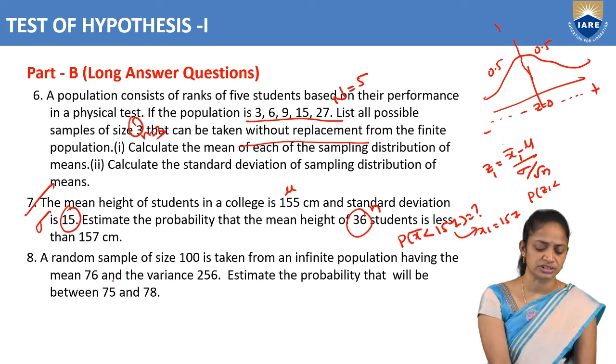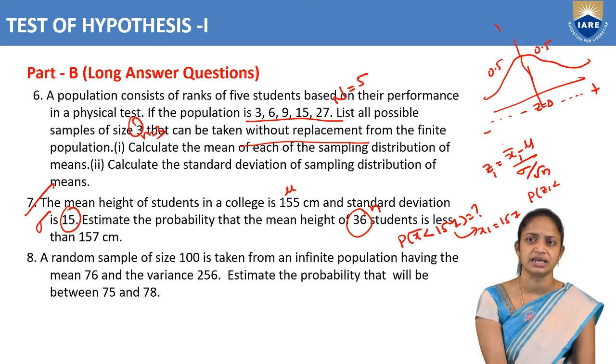In the seventh question, a random sample of size 100 is taken from an infinite population having the mean 76 and variance 256. Estimate the probability that the mean will be between 75 and 78. That means we need to find 75 less than or equal to x bar less than or equal to 78.